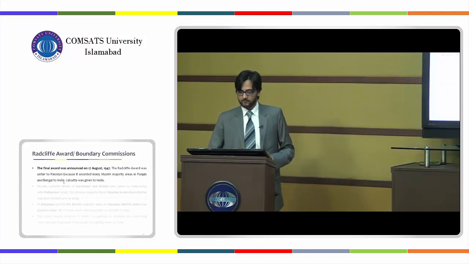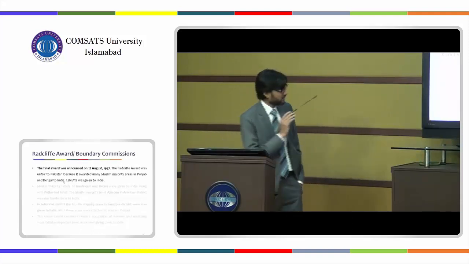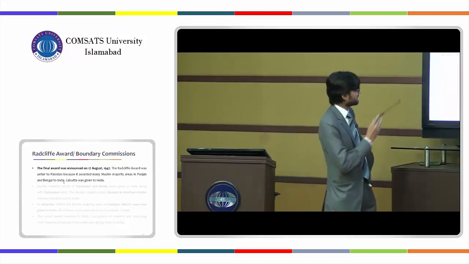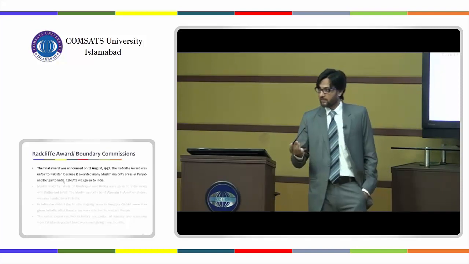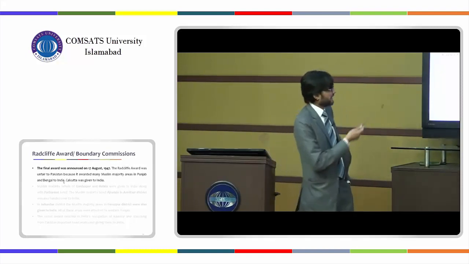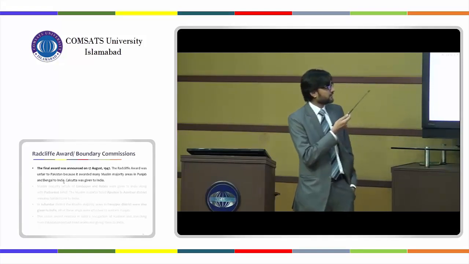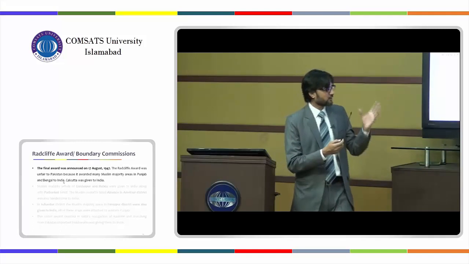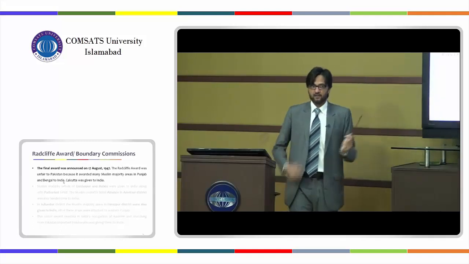So the final award was announced on 17th August 1947. Now this is something problematic, like we got independence on 14th and India got independence on 15th, but the award was announced on 17th, right? And we can see the primary causes of a lot of current day issues in this 3 days delay, right?